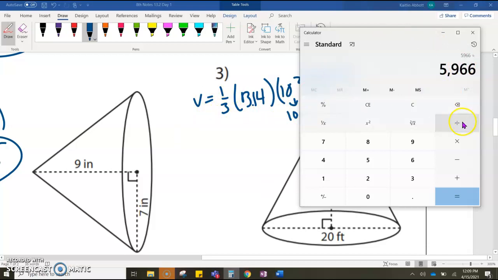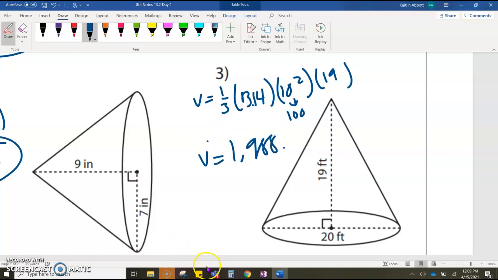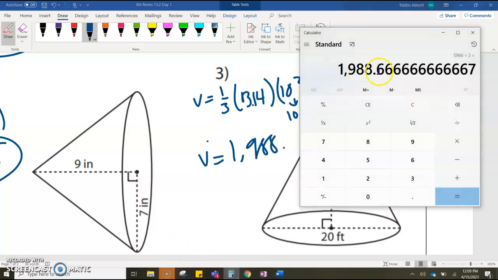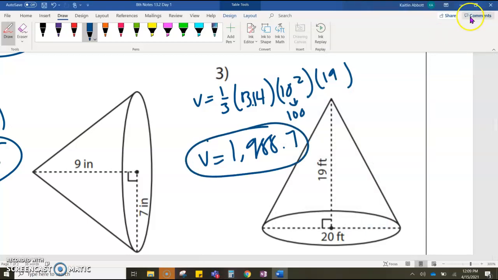That's what that means. We're going to divide by 3. That gets us 1,988 point 0.6. If you want to round up to 0.7, 0.6 or 0.7 will work. So that is our answer. And there you go. Let us know if you have any questions.